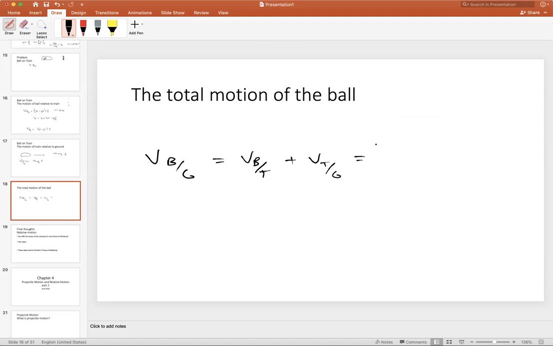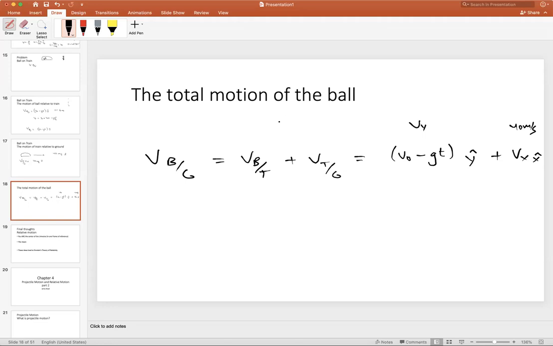Now, we already said the ball in the train's frame of reference was moving with v naught minus gt in the y direction only. And the train versus the ground was moving with v of x in the x hat direction. So this is v of y, this is v of x. And v of x is just a number, it's 40 meters per second.